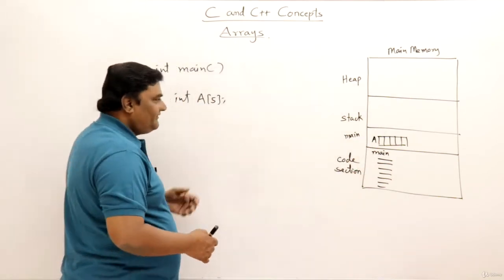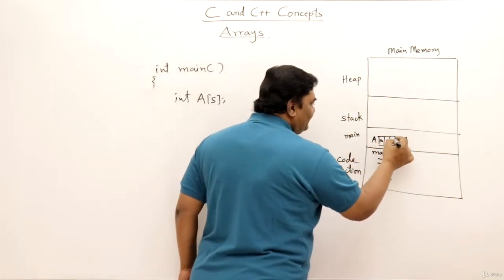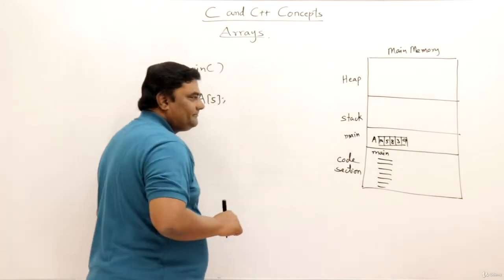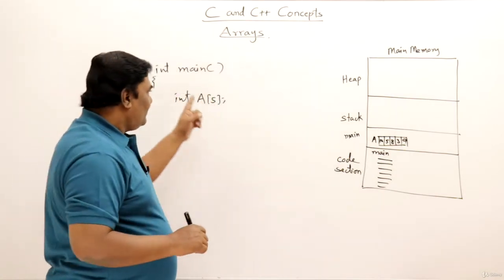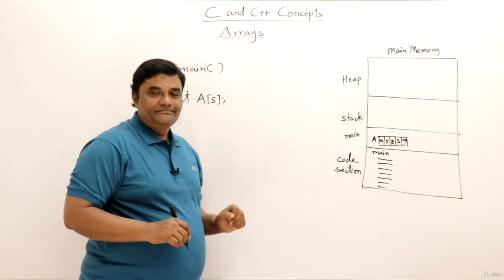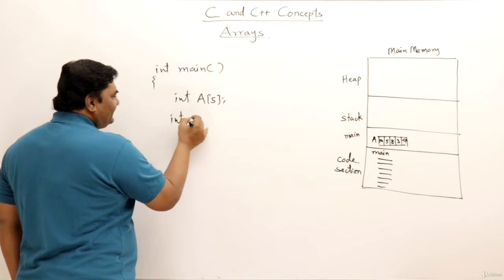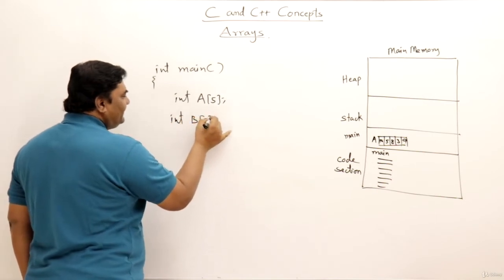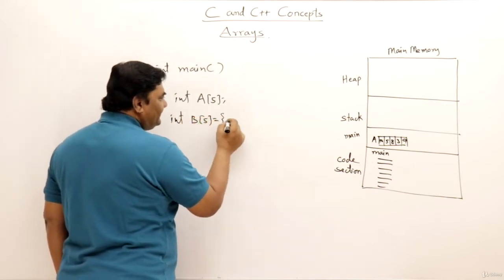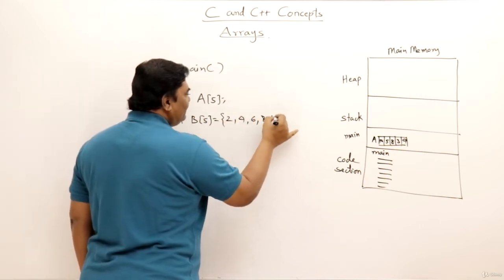And I can directly store the values, like I have already shown you. I can store some values 10, 5, 8, 3, 9. This is how I can declare an array, and I have shown you where the array will be created in the memory. Now next, I will show you how to declare and initialize an array. This is the declaration of an array. Along with this, I can also initialize it, like 2, 4, 6, 8, 10.